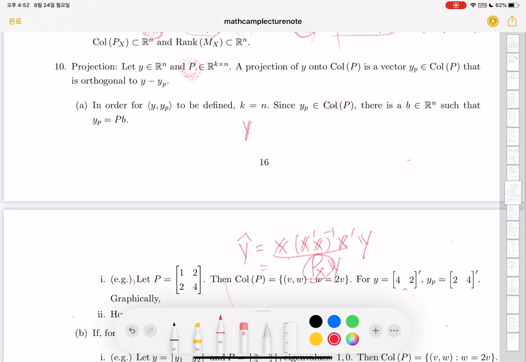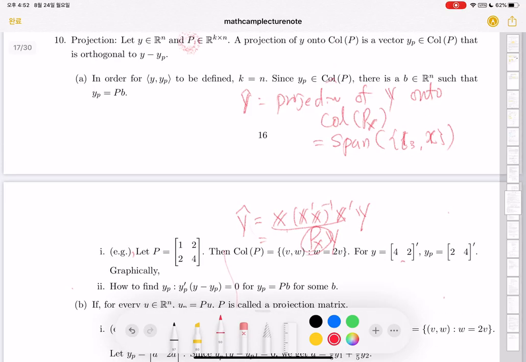So here y hat is the projection of y onto the column space of P of x, which is the span of iota 3 and x. Okay, so this is what we have in mind when we are doing this projection.